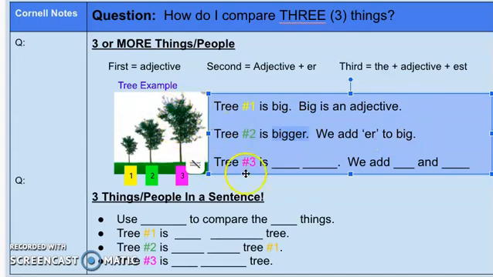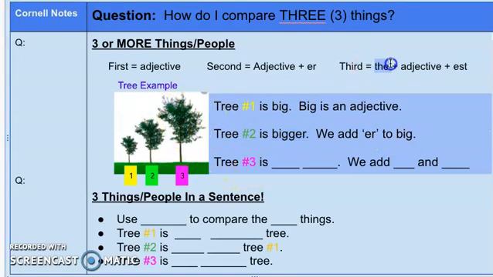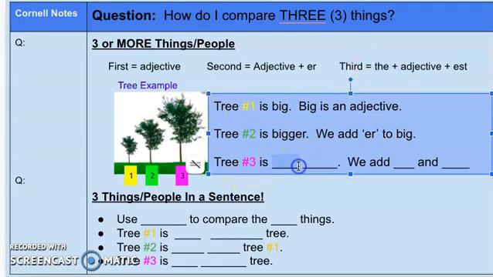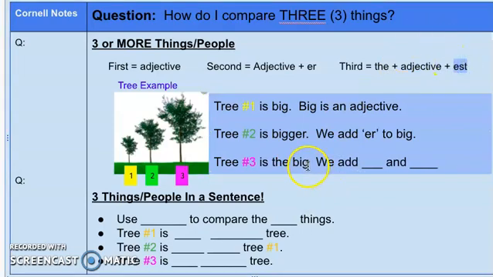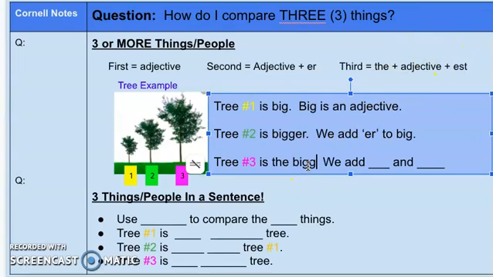Now tree number 3, we have to add the. So let's type the, and then big, and then est. We have to add another G, but we'll talk about that later. Est, period. Tree number 3 is the biggest.